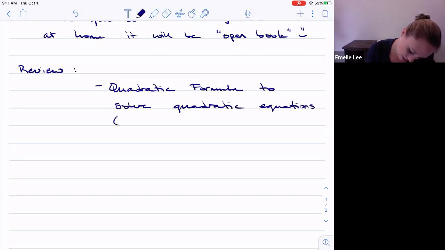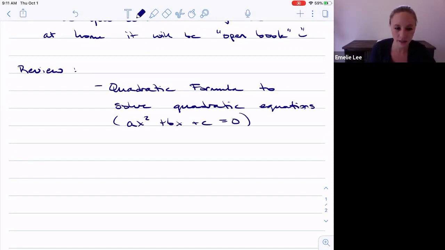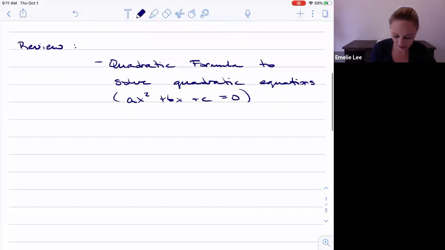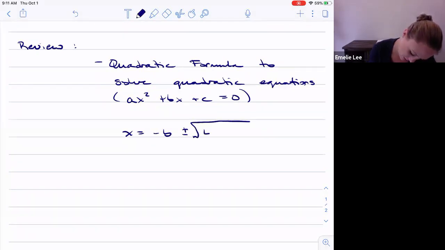A quadratic equation is something like ax squared plus bx plus c equals 0. And the quadratic formula, eventually you'll have it memorized, I promise, even though it looks nasty right now: negative b plus or minus the square root of b squared minus 4ac, all over 2a.